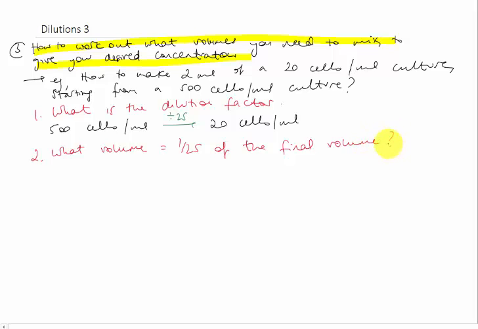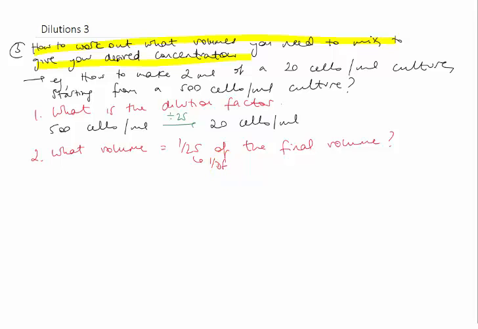Remember the definition of dilution factor is that it's the total volume over the volume of concentrate. So we know the total volume, we want to know the volume of the concentrated starter solution. In this case it's 1/25, so we could say this is 1 over the dilution factor.